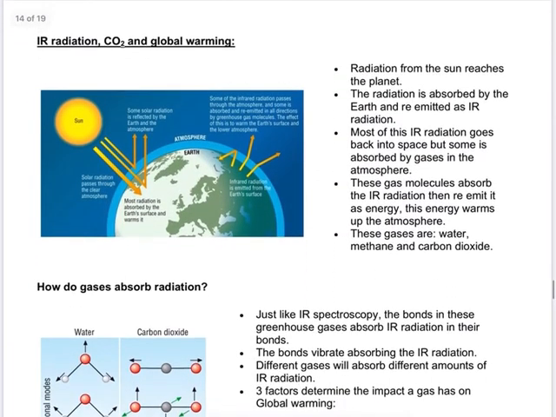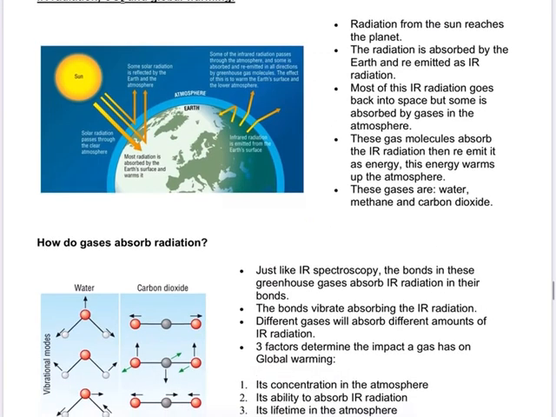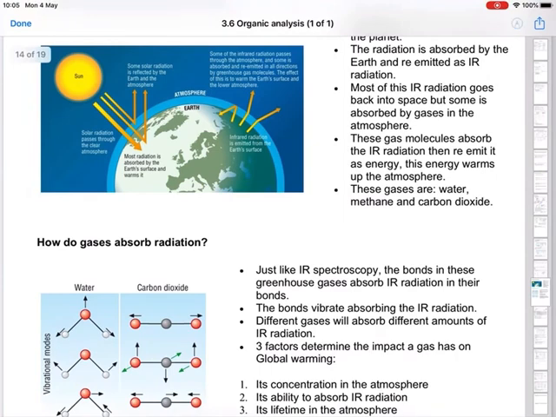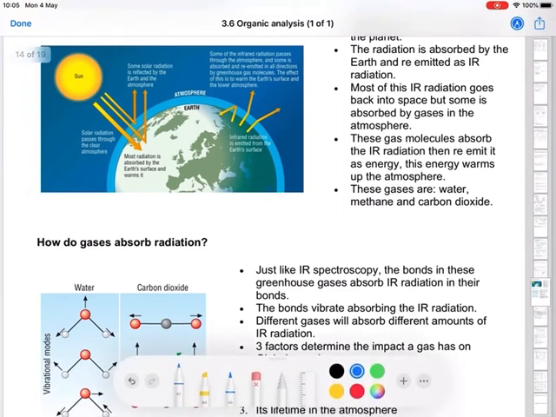I will just talk about this as well, because it's these bonds in the molecules that are naturally in the atmosphere that basically cause global warming. Radiation from the sun hits the planet, and it's absorbed by the planet, and then the energy is re-emitted back out into space as infrared radiation. Although most of it does go back out into space, some of it gets trapped in the atmosphere.